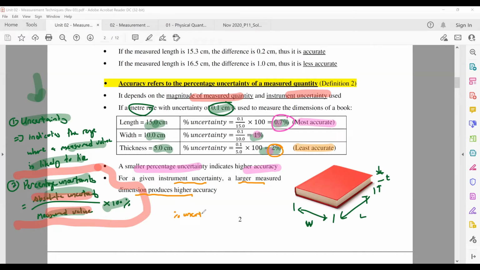If the percentage uncertainty is equal to your uncertainty over your measured value times 100%, you can see here, if your measured dimension is larger, this one here is larger, it will cause your percentage uncertainty to drop.